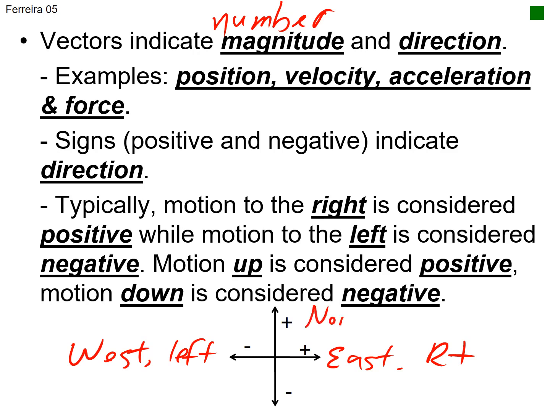North is going to be up, and then south is going to be down. I don't know very many physics teachers who want you to use your actual geographic location. Generally, right is east, left is west, up is north, down is south. And you assign your positives and negatives respectively.